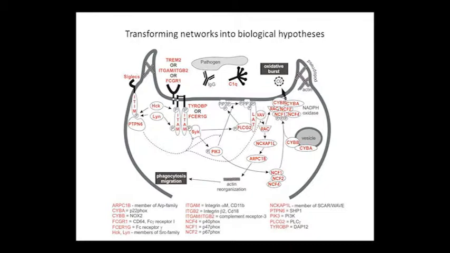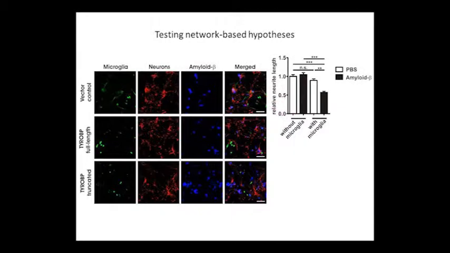That protein sitting there next to TREM2 was able to be tested by doing RNAi experiments, where you do full-length and truncated versions, look at vector controls, look at the microglia, and could validate that in fact what you thought was driving the circuitry was.